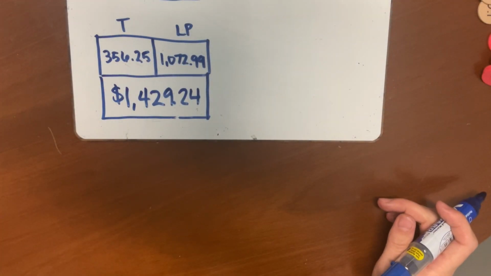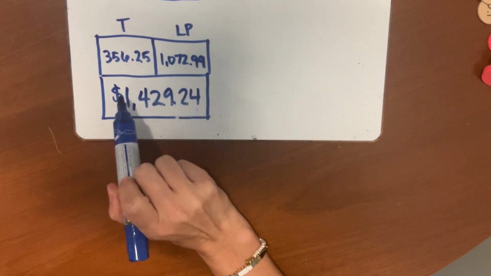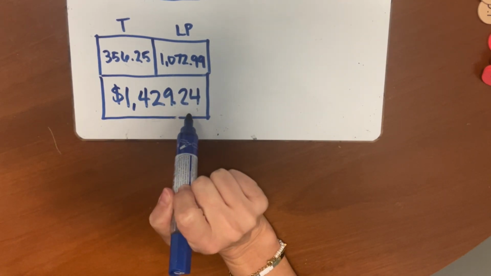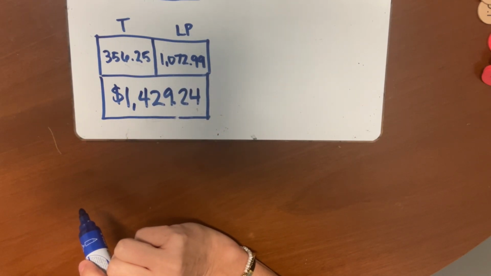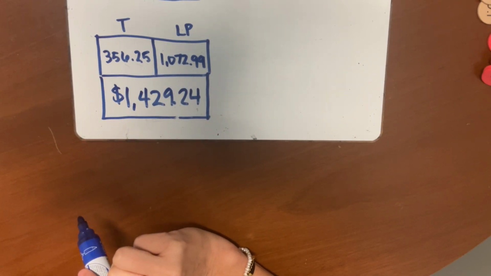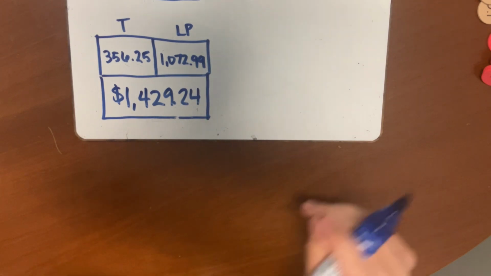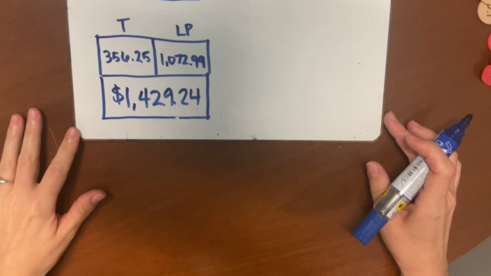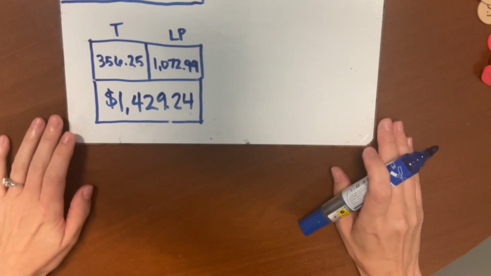Now, I checked it with 2 tools, but I want to next estimate to really check in a more efficient way. How can I use estimation to figure out if this is a reasonable amount when I'm adding these 2 parts? Pause the video and have a talk about how estimation can help us check our work and be efficient. Okay, let's check.